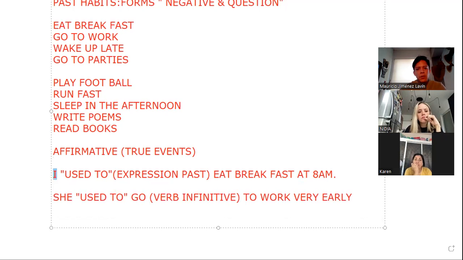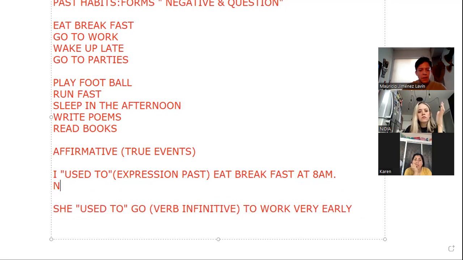For example, I used to eat breakfast at 8 a.m. If it's negative, how can I make this sentence? I didn't used to eat breakfast at 8 a.m. We only add the didn't.